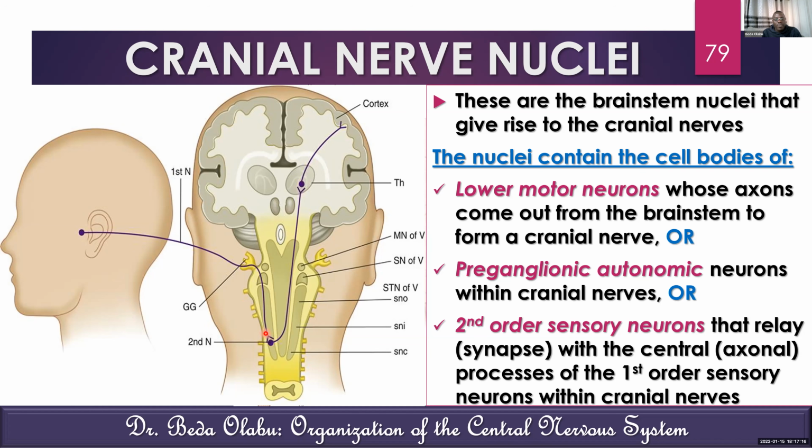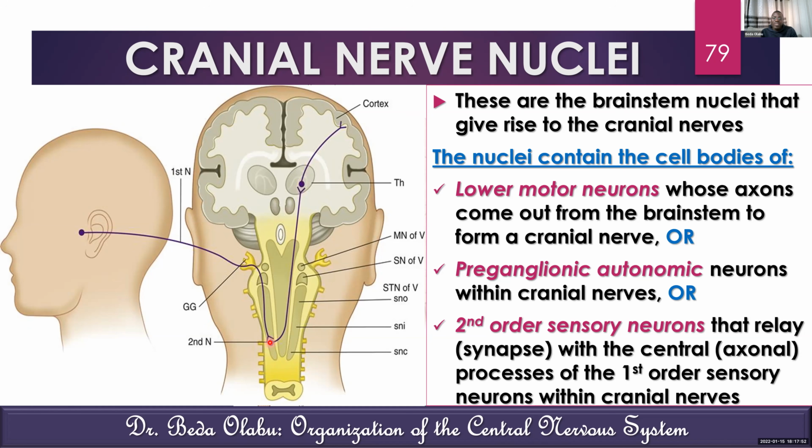The point of synapse will also contain the cell body of the second order sensory neuron, because second order sensory neurons are basically multipolar neurons. So this point here is also considered a cranial nerve nucleus, except in this case, it's not a motor nucleus but a sensory nucleus. So you may have motor nuclei and you may have sensory nuclei.